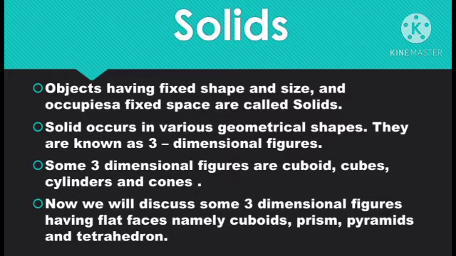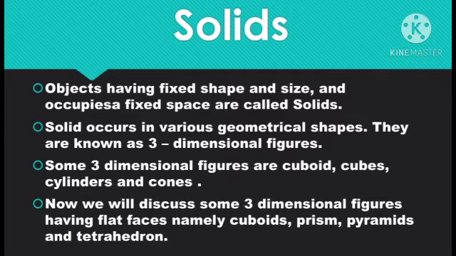Next, some three-dimensional figures are cuboid, cube, cylinder and cones. जो बेसिक थ्री डायमेंशनल फिगर्स है, जो हम हमारे डे टू डे लाइफ में देखते आ रहे हैं, वो हैं क्यूबॉइड, क्यूब्स, सिलेंडर एंड कोन्स. Now we will be learning more about all these figures. For now, we are just understanding what these figures are.